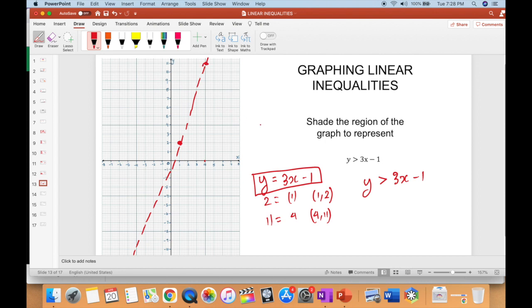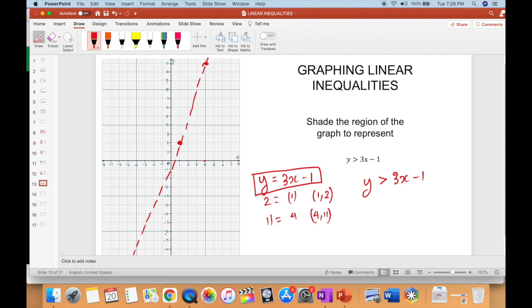Now comes the question. We need to shade the region where y is actually greater than 3x minus 1. In all of the other examples, it was clear cut to know which region to shade, less than or greater than, because they were horizontal and vertical lines. But now we have a bent line, so it's a little less clear cut.